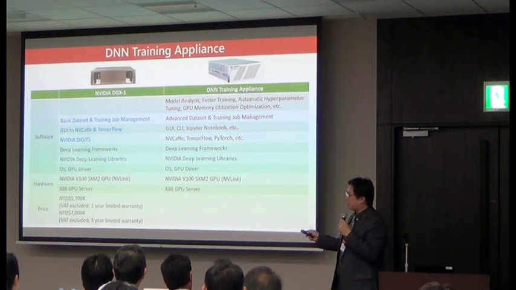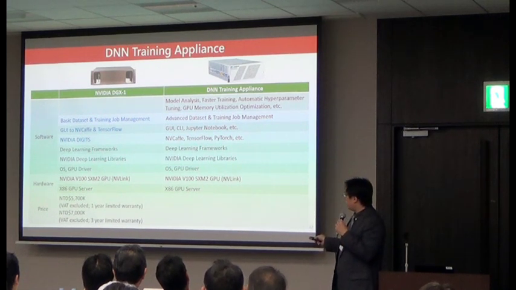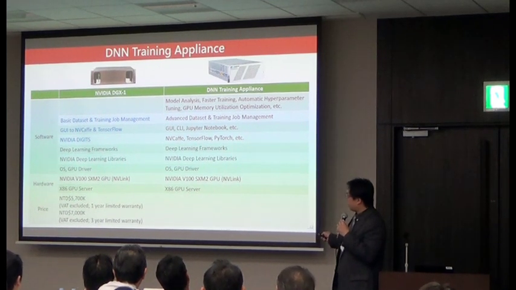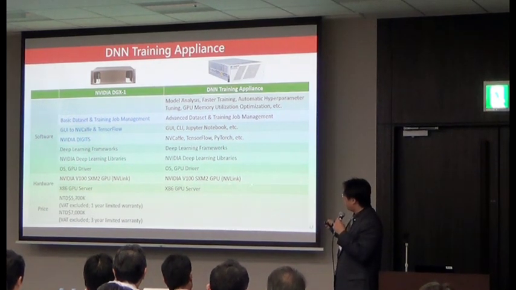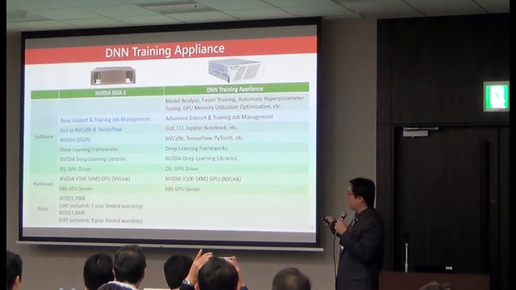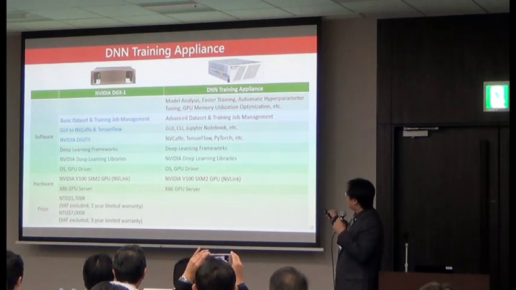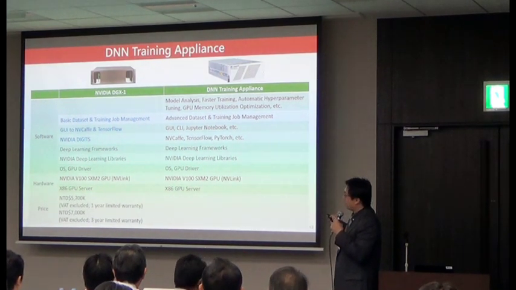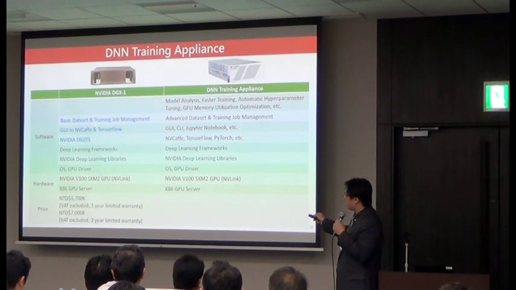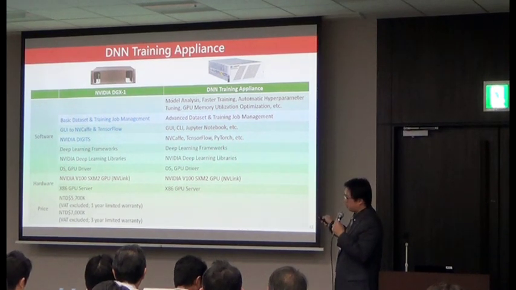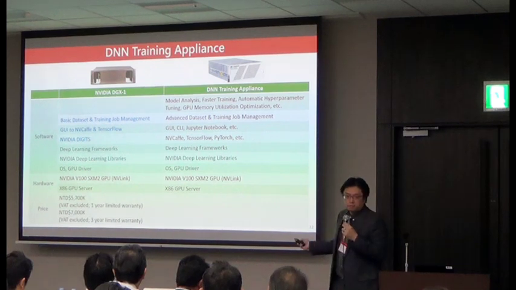They will use open source by themselves, but they want more. We can provide similar hardware, like Super Micro Gigabyte, but with more complete or more flexible customized software. DGS1 only supports NVIDIA Caffe, TensorFlow, and a GUI. It's like a wrapper, but we can provide more interface, a more advanced data set management tool, and optimization.